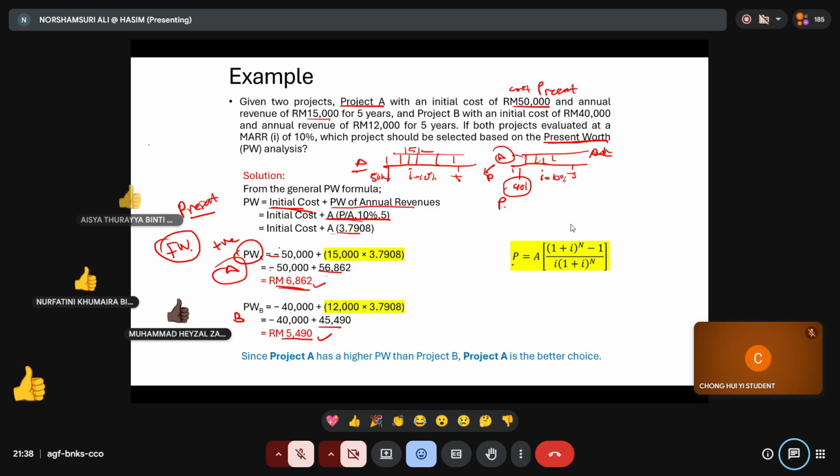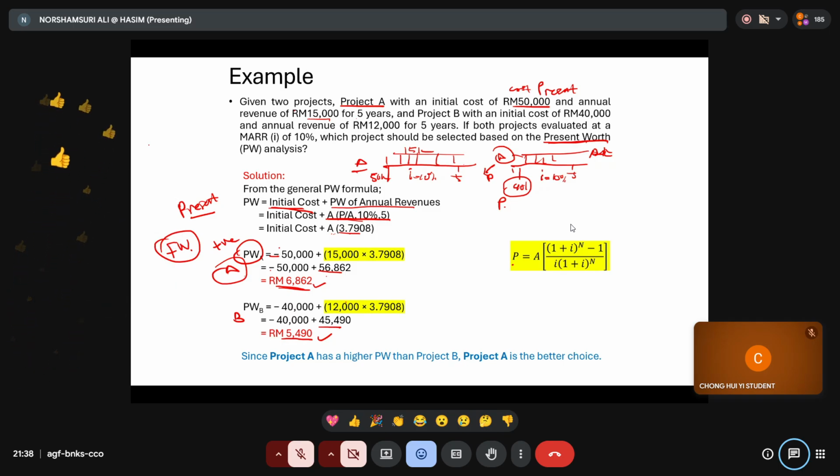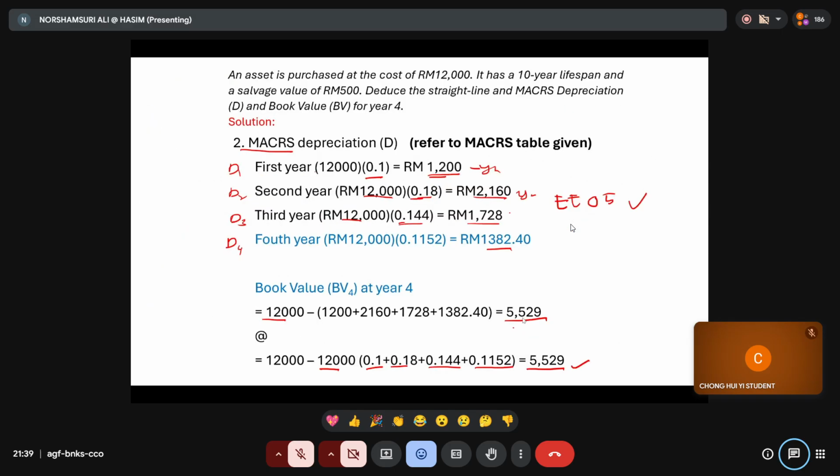But this is EE6, right? Pardon? But then this one is EE6, right? No, this one is E4. Okay, this is the EE6, the one just now?